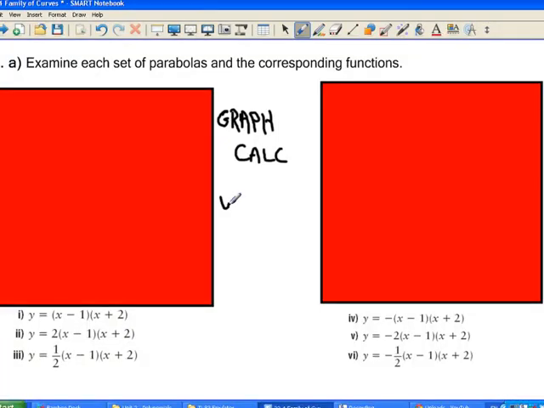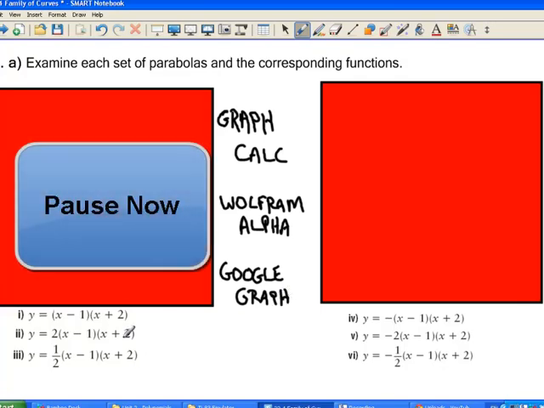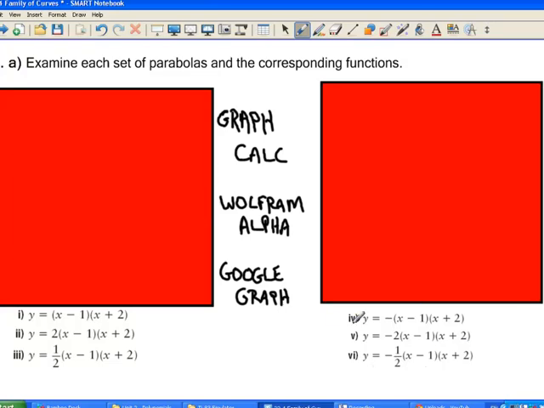You can also try Wolfram Alpha, or Google Graph. So there's lots of options, but I'd like you to take the time right now to graph these 6 different functions so we can compare how they look and how they're behaving.